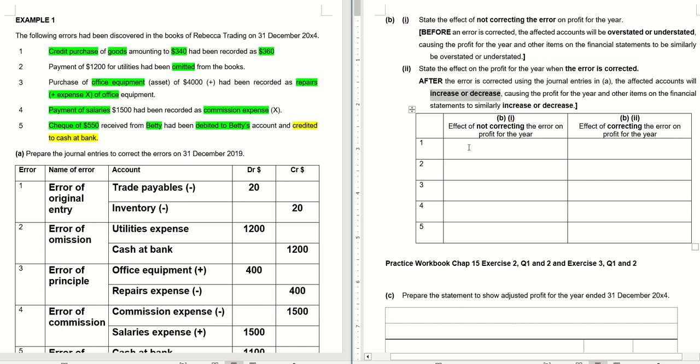In summary, when a mistake has been made, you should use the words overstate, understate. But when no mistake is made, you are doing the right thing, and you should use the words increase or decrease. Please pause the video now and try out B part 1 and B part 2 before checking your answers.